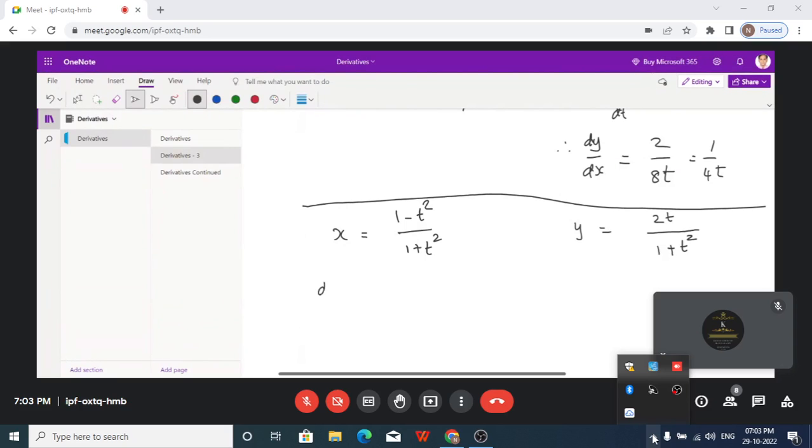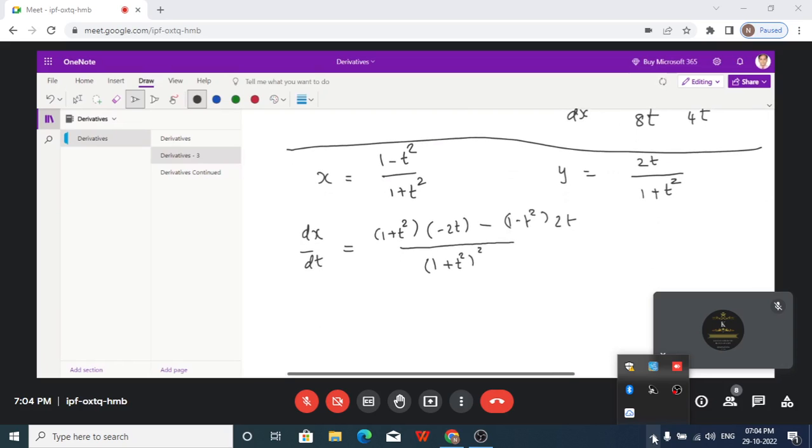Okay, let's do that. dx dt equal to, using this u by v formula, 1 plus t square the whole square, v into du dt minus u into dv dt. Here it is the same as the last problem, right?